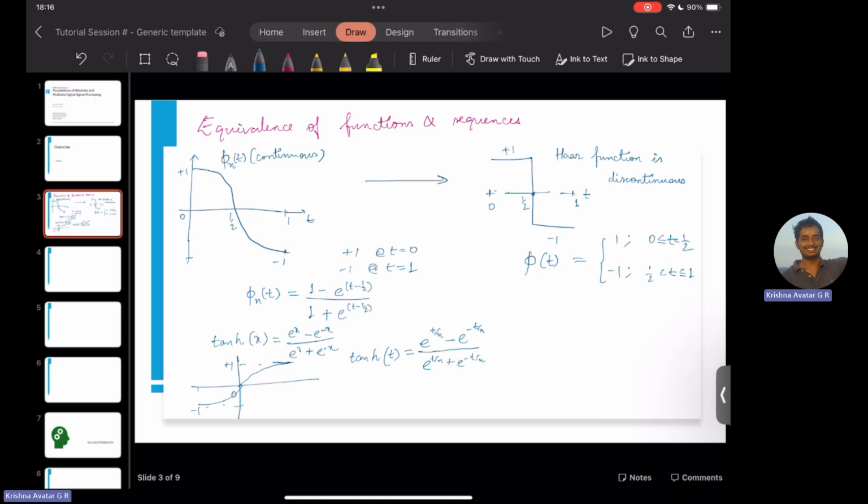Now let's try to check whether this has the values that we would want it to have. At t is equal to 0, you have tanh 0 is equal to 0, right? So that's fine. However, what you see is this is also parameterized in terms of n.